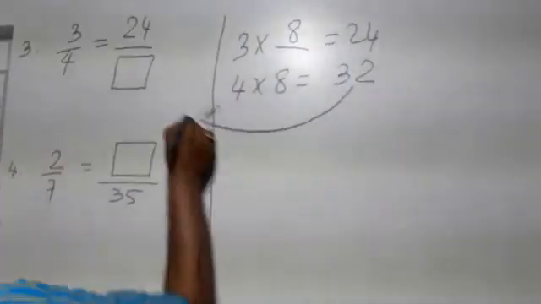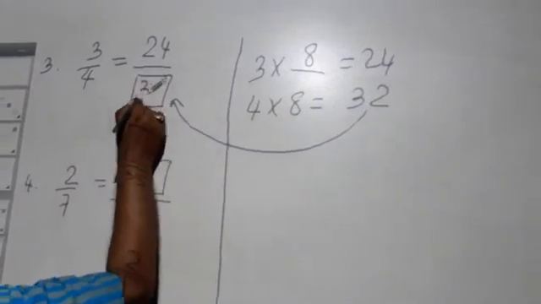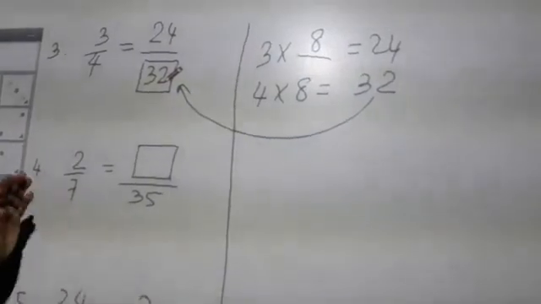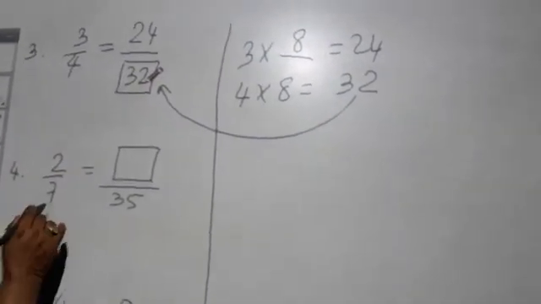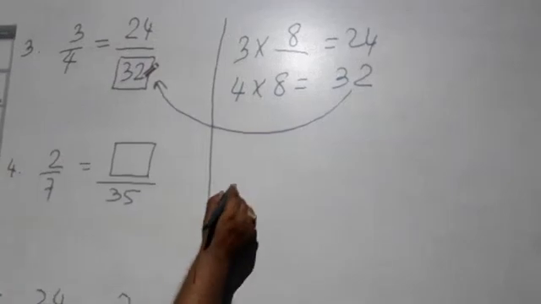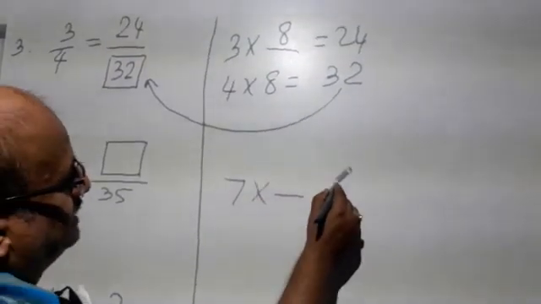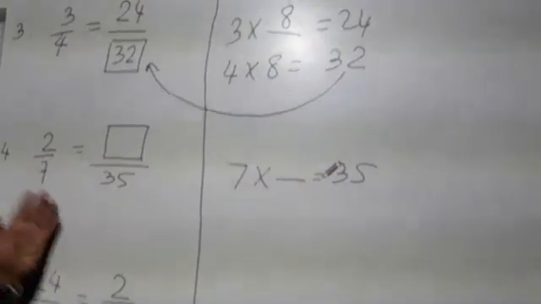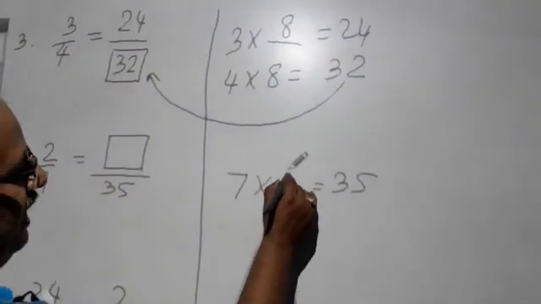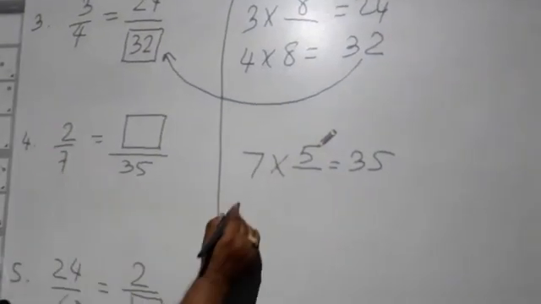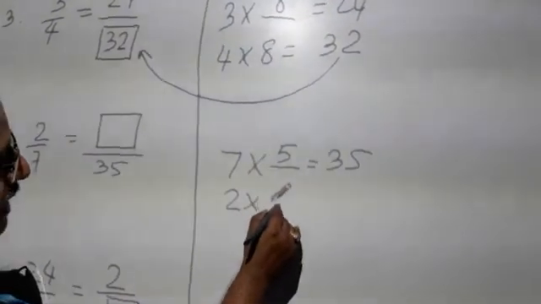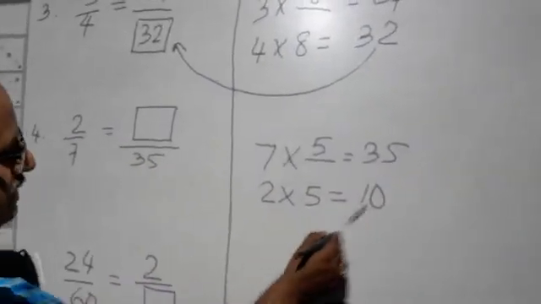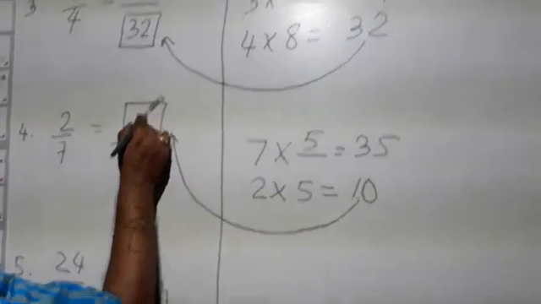So the required number here would be 32. Clear? Now second case, 2 by 7 is equal to dash by 35. Now 7 into dash is equal to 35. What should 7 be multiplied by to get 35? 7 fives are 35. So therefore 2 must also be multiplied by 5, then we get 10. So we get here 10.